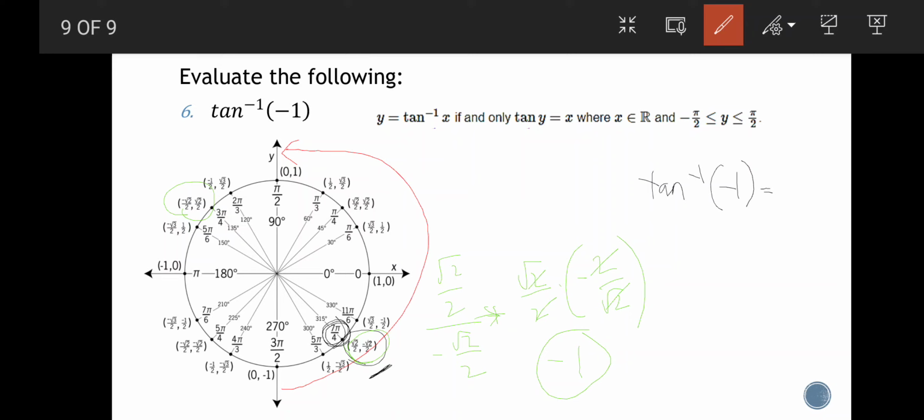So we have to find a coterminal angle of 7 pi over 4 which is in the range of our function. The coterminal angle of 315 degrees is negative 45 degrees, that is negative pi over 4.